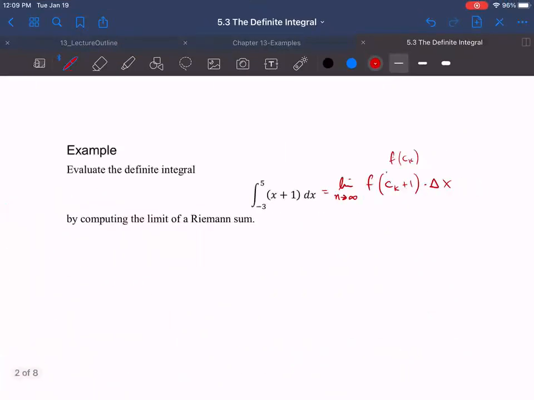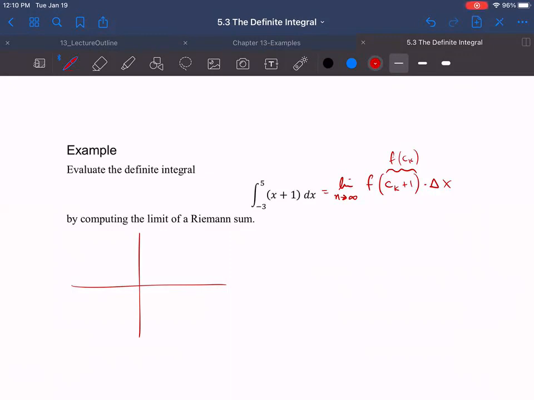There we go. So what's our partition here? What's our range that we're looking at? Let's find our partition. If we look here, this is a graph of what?